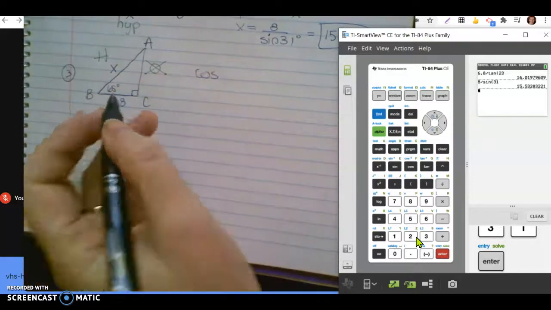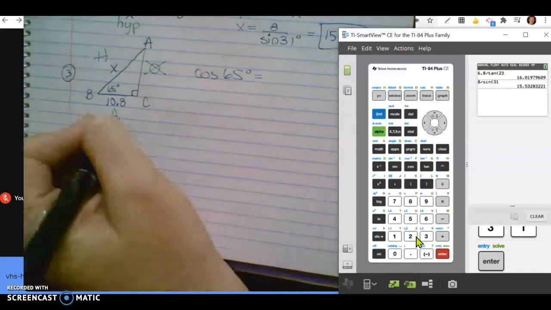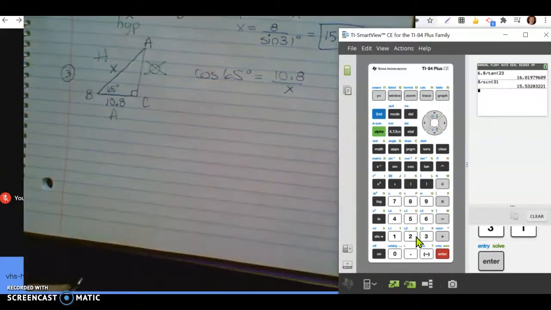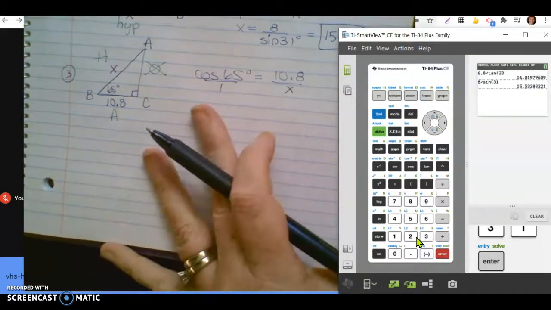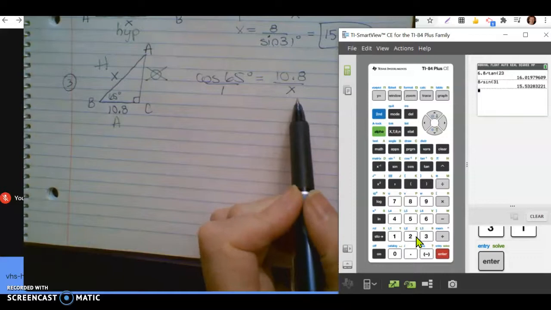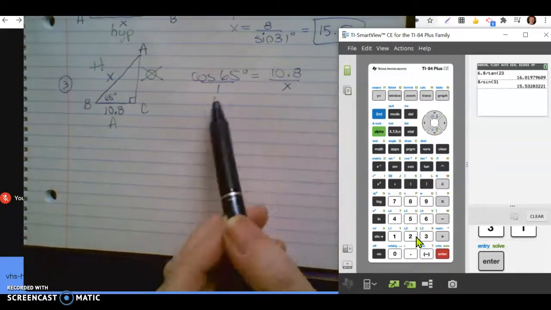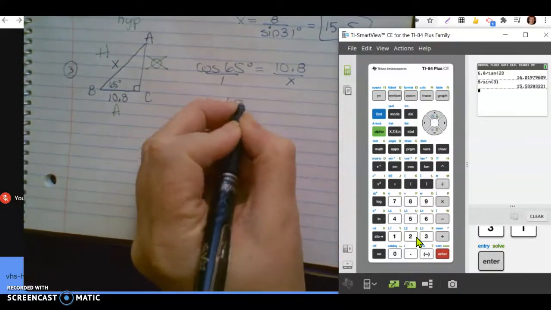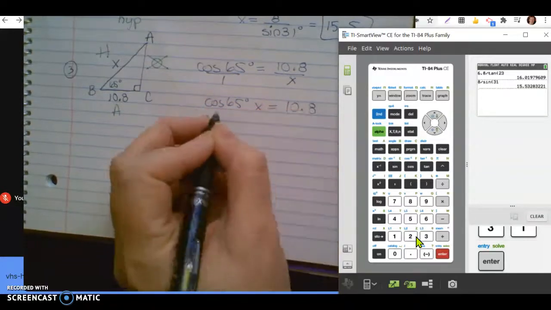So cosine of 65 degrees is equal to 10.8 divided by x. Now, it just so happens that we ended up with an x in the denominator of every single one of these. Sometimes it won't be. Sometimes it'll be in the numerator, and that's fine too. You're just cross multiplying. So this is cosine 65 degrees times x is equal to 10.8.